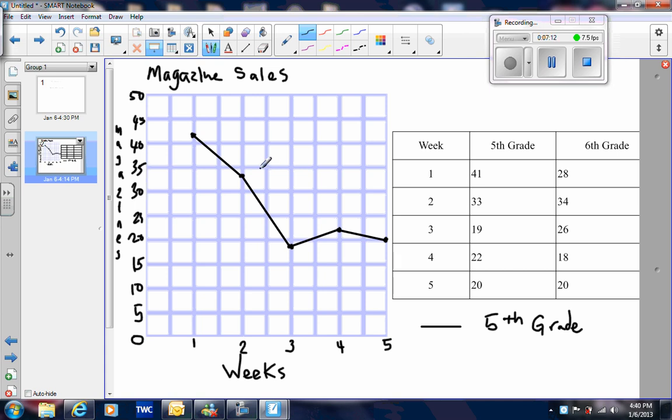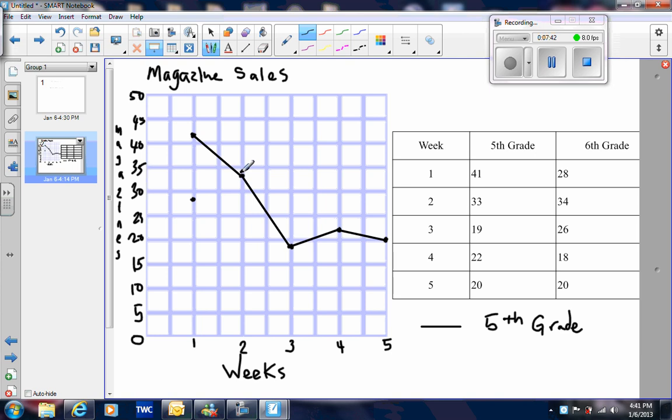All right, so now as I go into the 6th grade, I start looking at their information. Week 1, they were at 28, so that's going to be just a little bit less than 30. Week 2, they were at 34. I'm going to go right up. See that the 5th grade was at 33, so whatever my dot ends up being here, I want it to be a little bit more than the 5th grade dot.